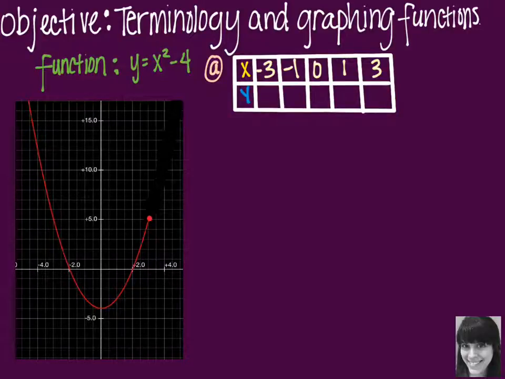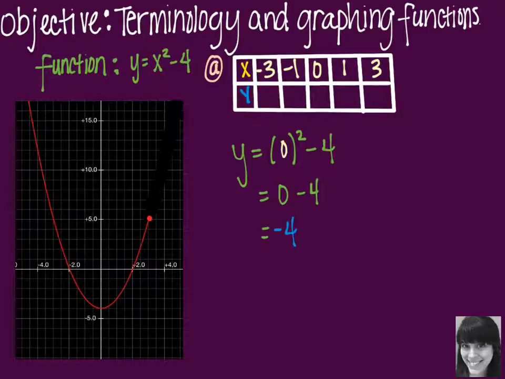So whenever I put 0 into the function, I have y equals 0 squared minus 4. So I'm going to evaluate, and I get 0 minus 4, and my output is going to be negative 4.